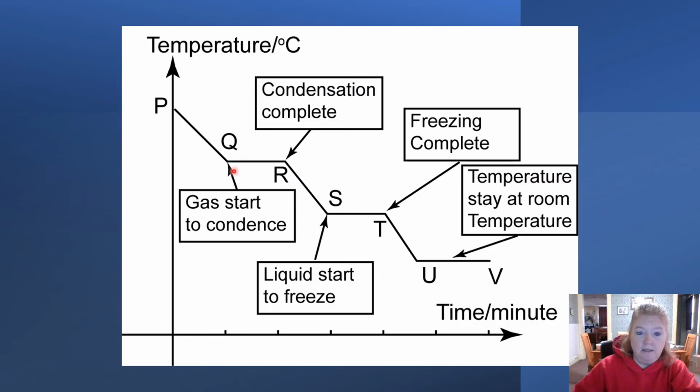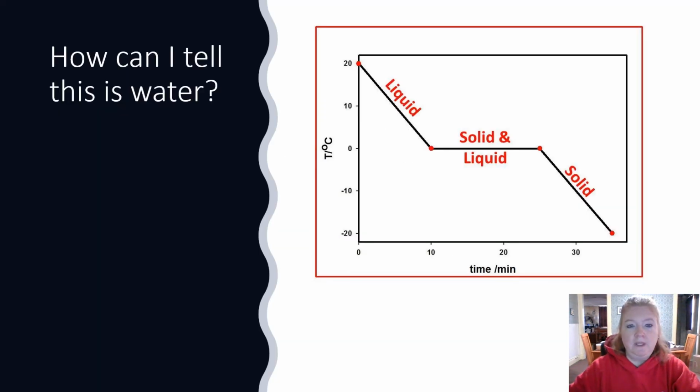Okay, so again, the gas starts to condense right here at Q and completes condensing at R. The liquid starts freezing at S and completes freezing at T. So how can I tell this substance is water?